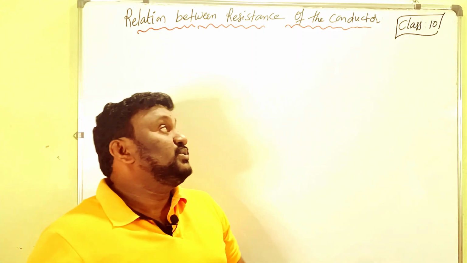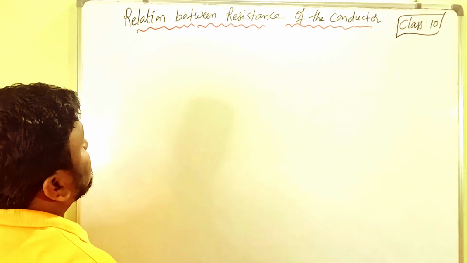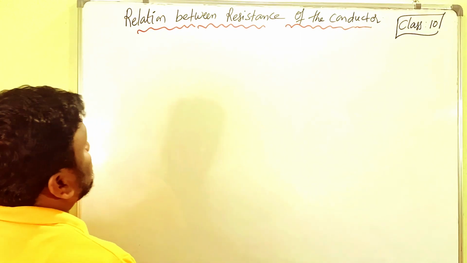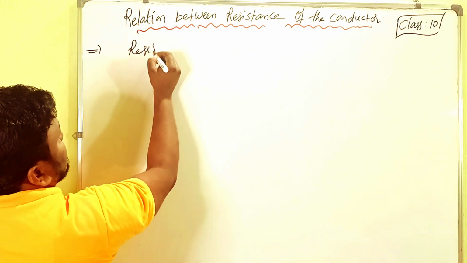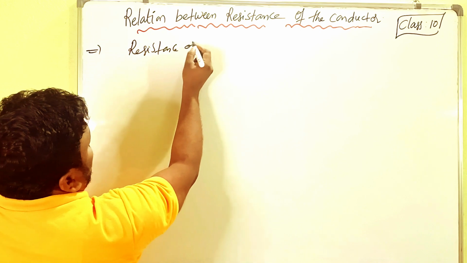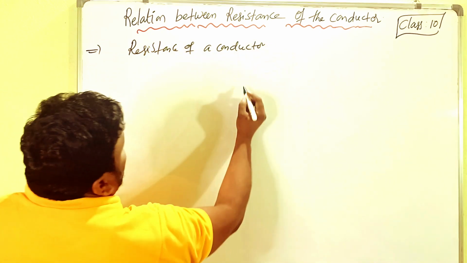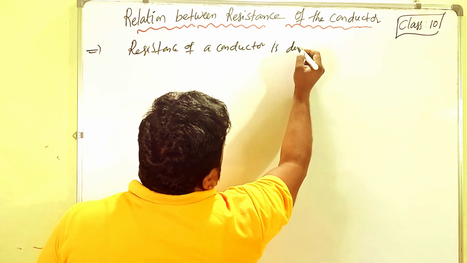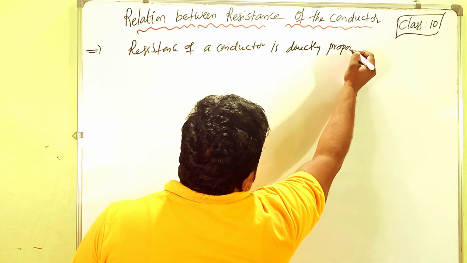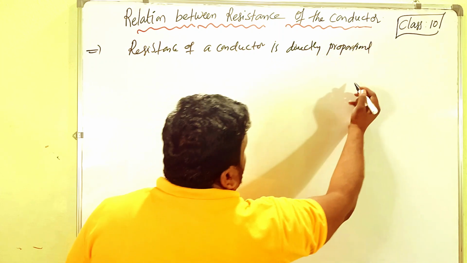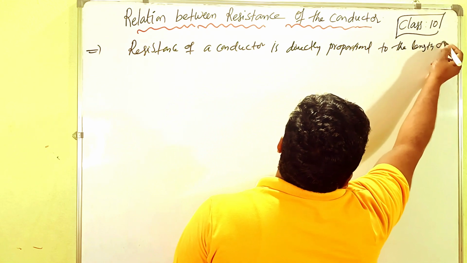So dear students, the relation between the resistance and length is that the resistance of a conductor is directly proportional to the length of the conductor.